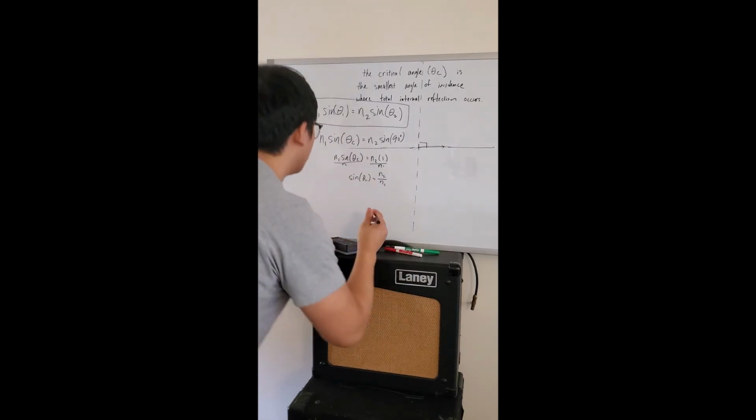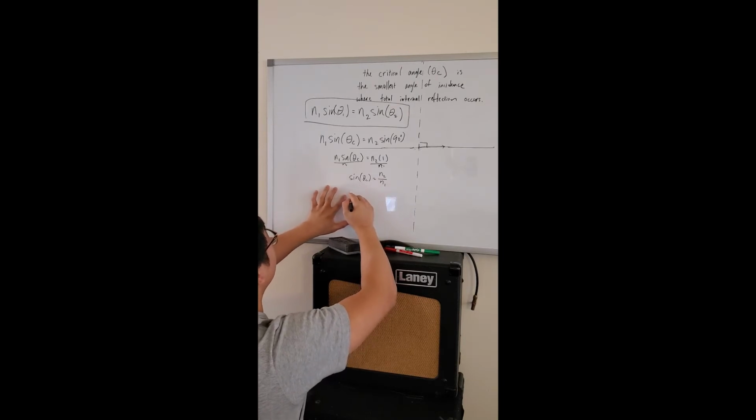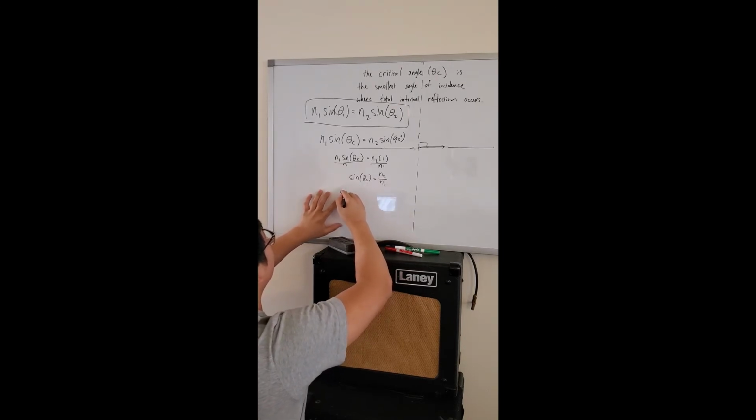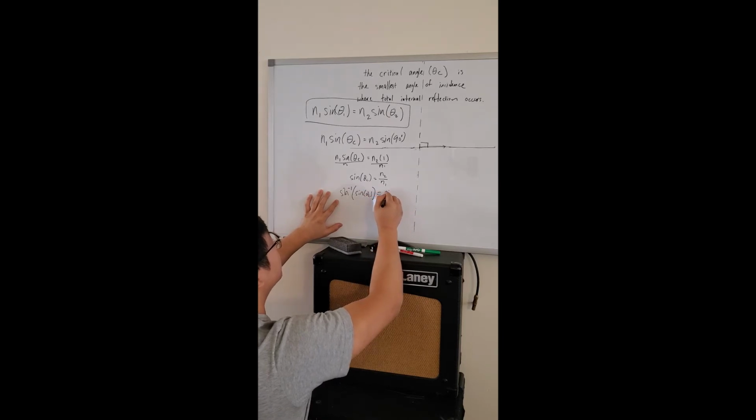Now, to get rid of this sine and isolate theta C, we're going to take the inverse sine. So the inverse sine of sine of theta C is equal to the inverse sine of n2 over n1.